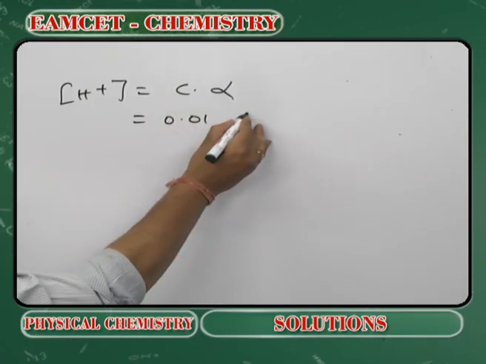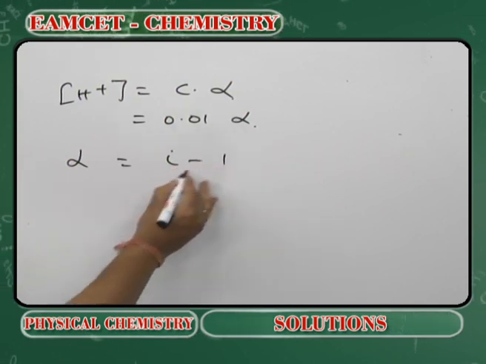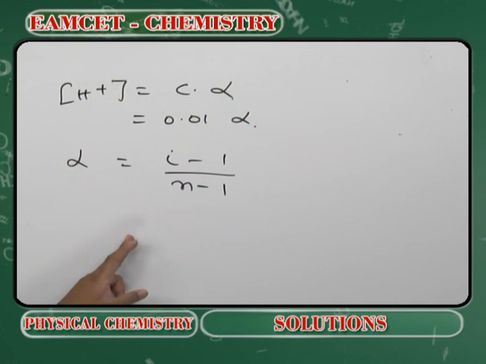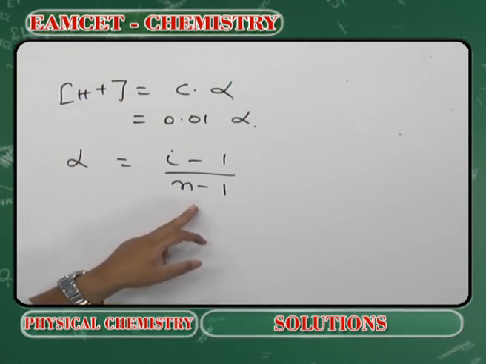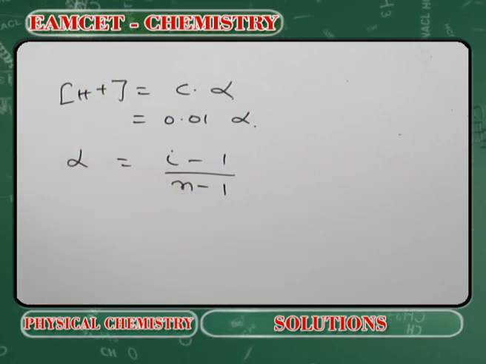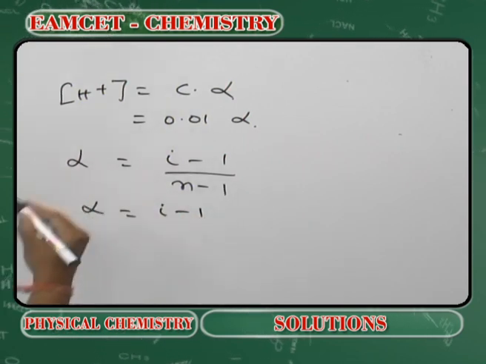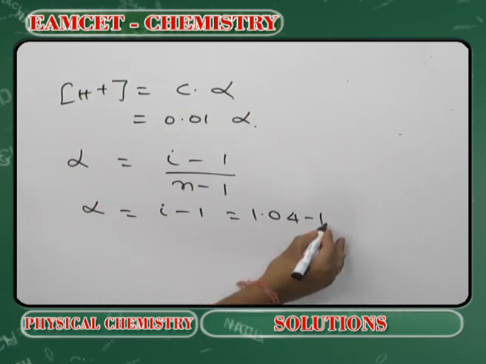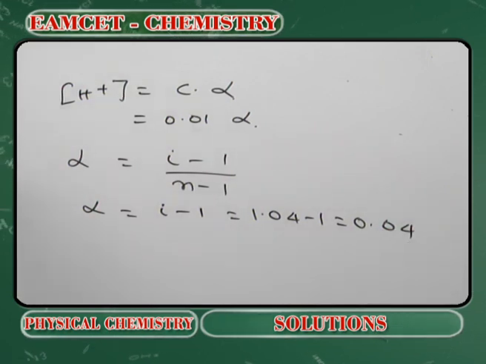Now we don't know the alpha value. To find the alpha value, alpha is equal to i minus 1 by n minus 1. So when 1 mole of acetic acid dissociates, we get 2 moles. Therefore n minus 1 is equal to 1. So alpha is equal to i minus 1, 1.04 minus 1, it is 0.04.